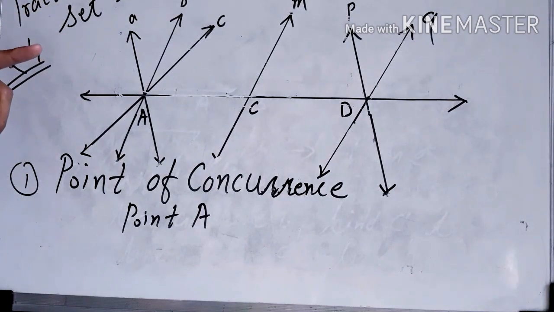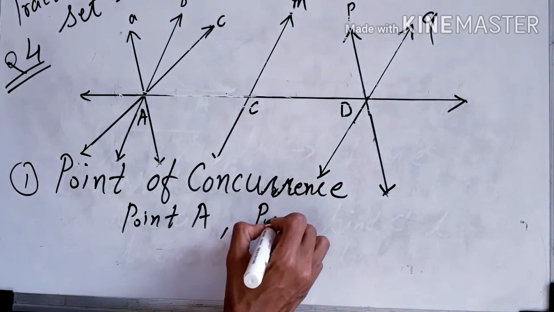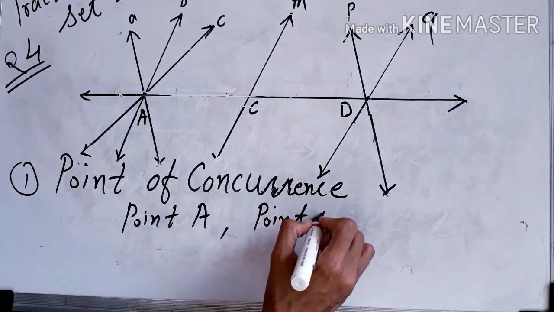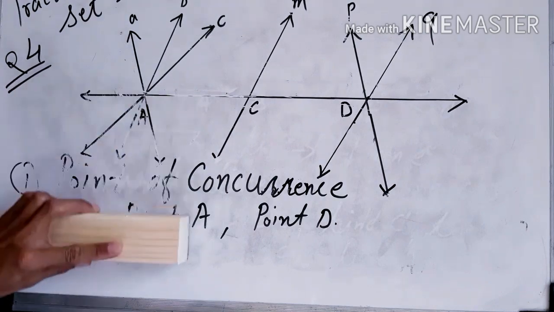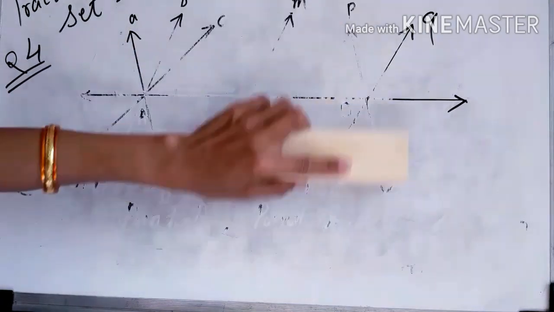Also line P, line Q and line AD meet at point D. That means point D is the point of concurrence. The point at which three or more than three lines meet each other is called the point of concurrence.